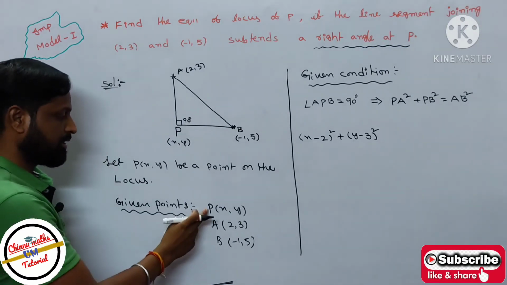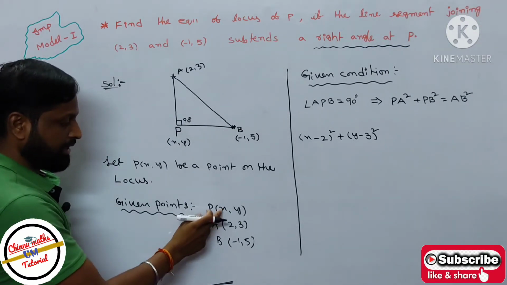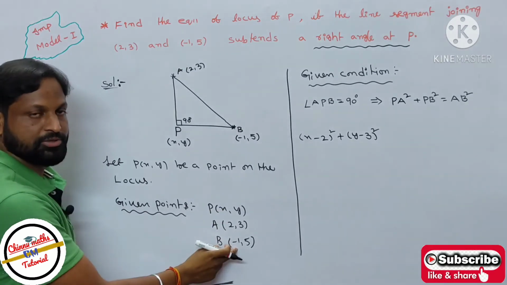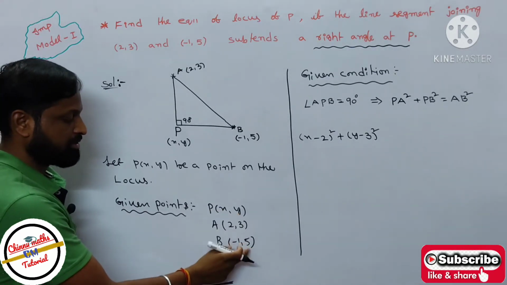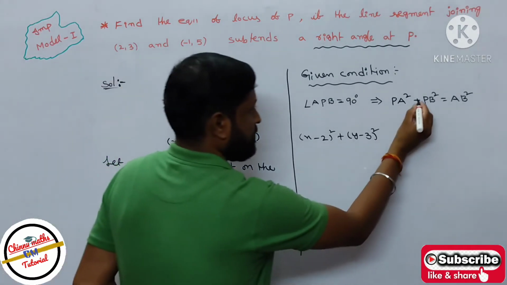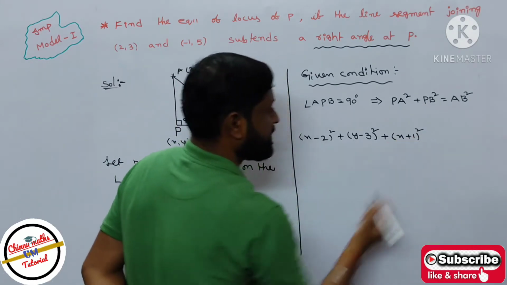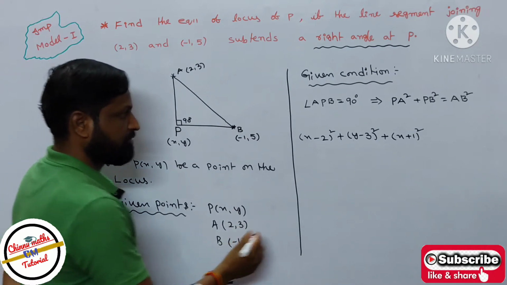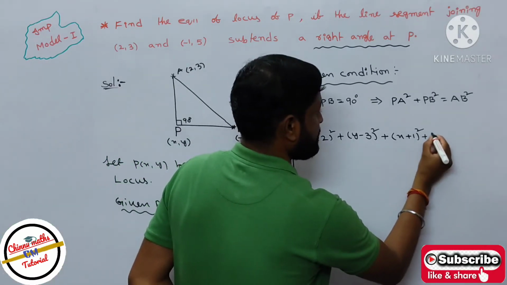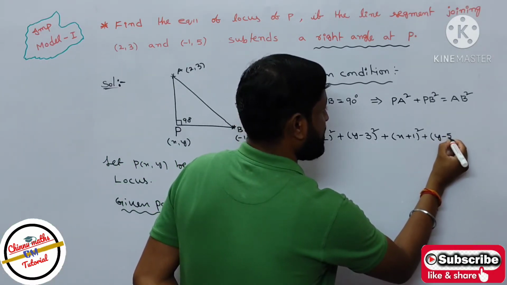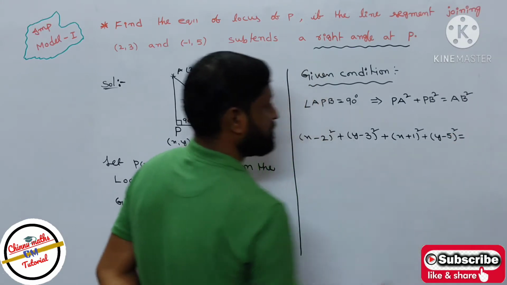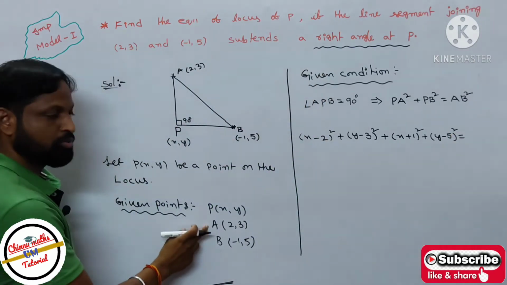Similarly, write the PB square value. So x minus of -1, that is (x + 1) whole square, plus (y - 5) whole square. It is equal to AB square. Take these 2 points.